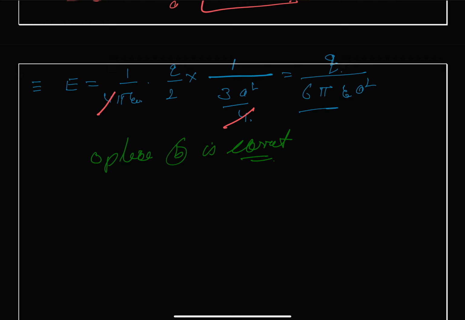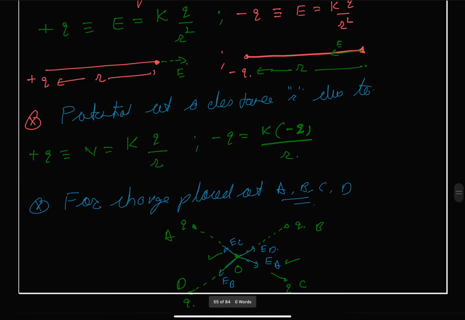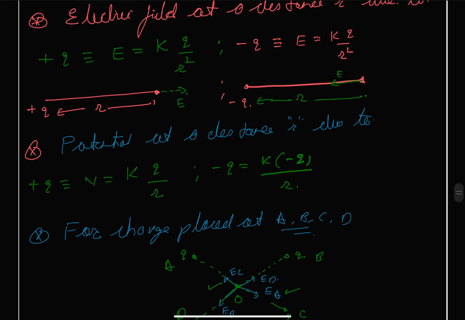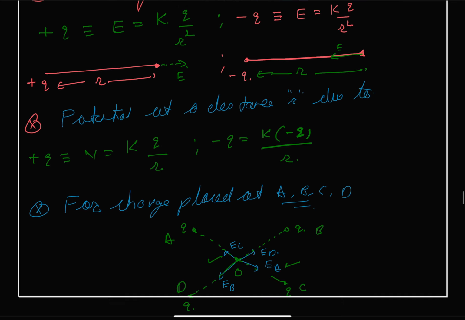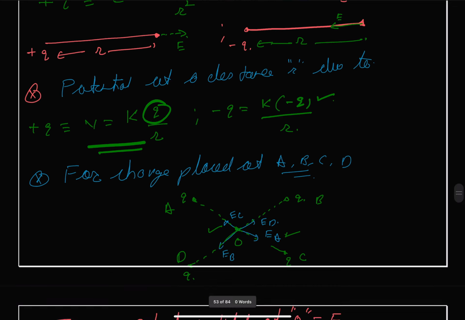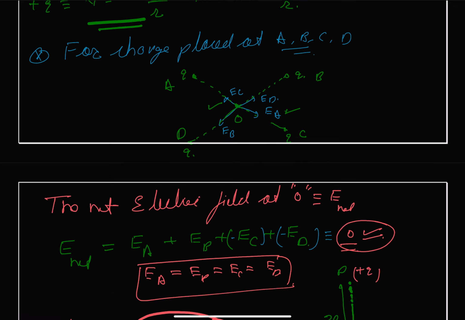Okay, now we are going to find out the potential. The general formula for the potential depends on the sign. For plus Q, it is plus, and for minus Q, it will be minus. Therefore, A, B, C, D all have the same charges, that is plus Q, and in the first case it says that X is 2Q.